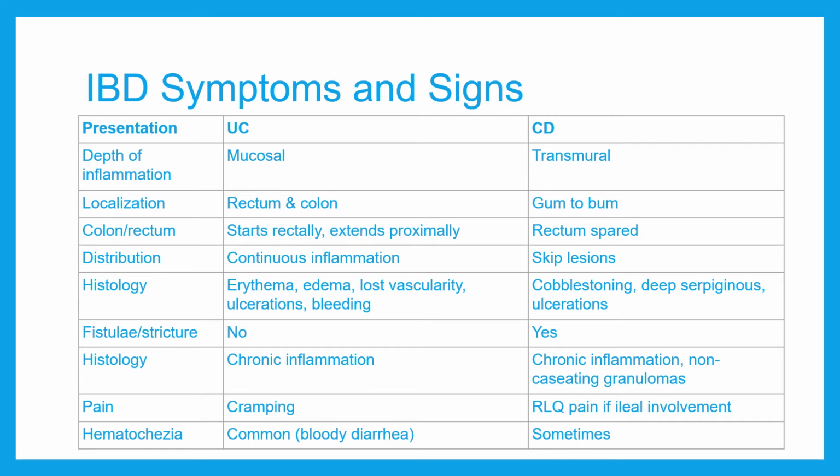Because of its transmural nature, there's a higher likelihood of fistula or stricture developing in Crohn's disease. And bleeding is common in ulcerative colitis, while in Crohn's, the bleeding only occurs sometimes. Feel free to pause the video and take some time to go over each of the comparisons in this table.